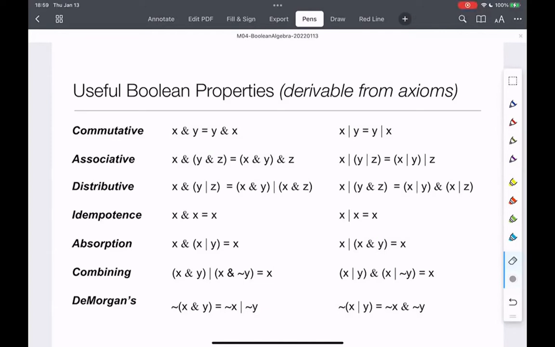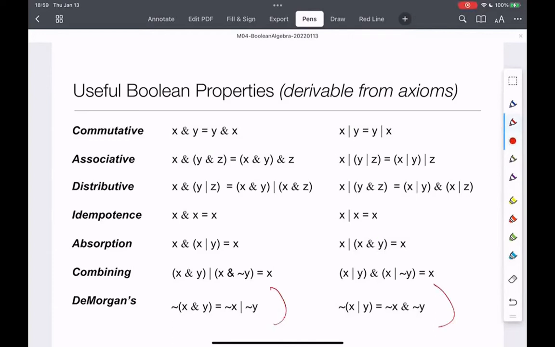And this is a special case of a more general duality property that exists. The nice thing here is, if you look at these cases, they let us go between AND and OR.